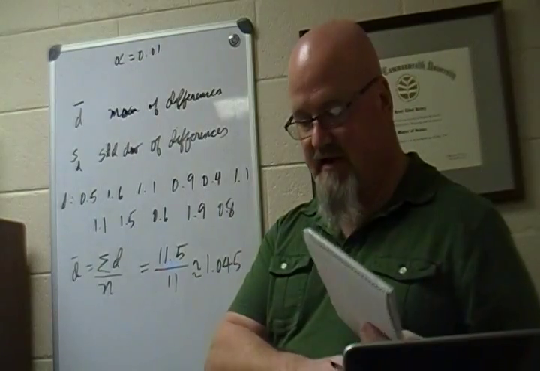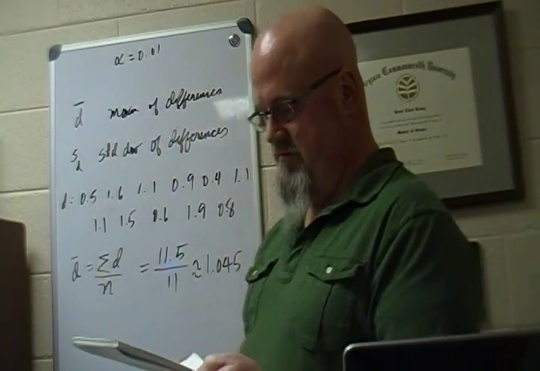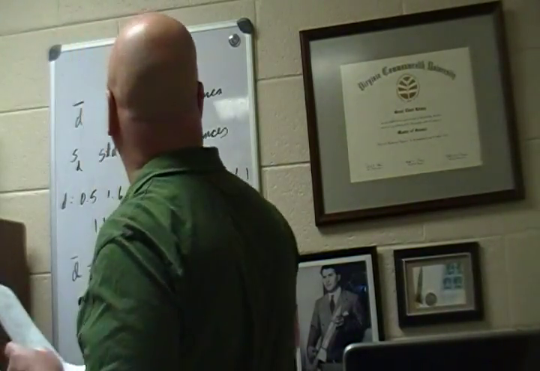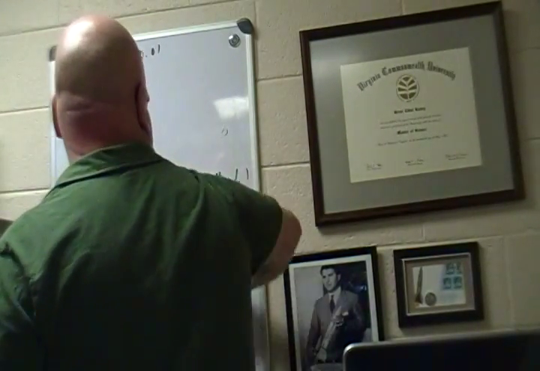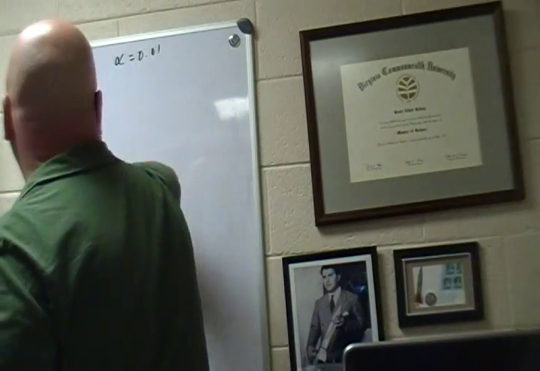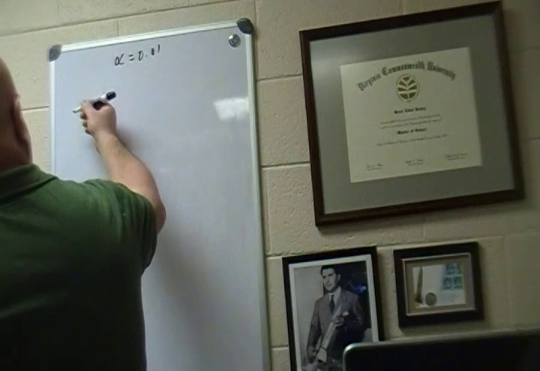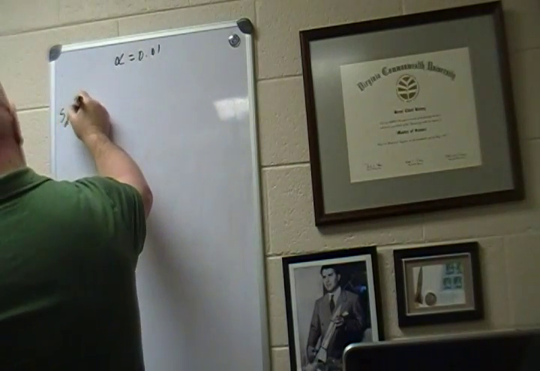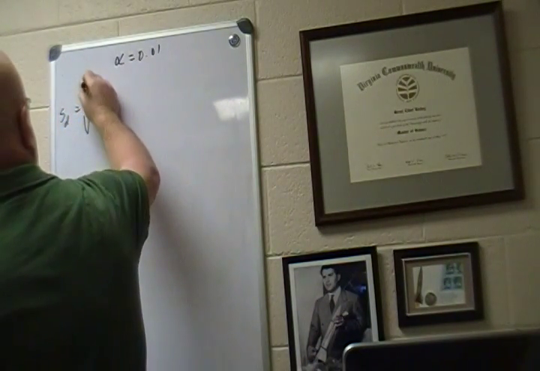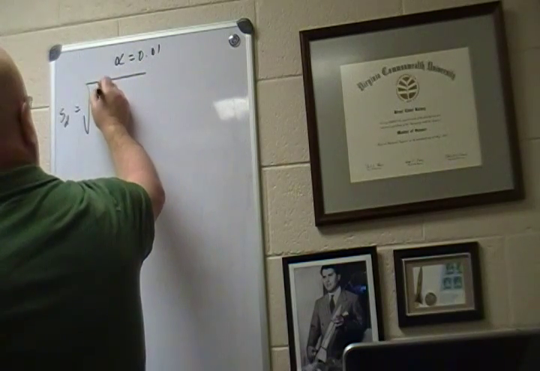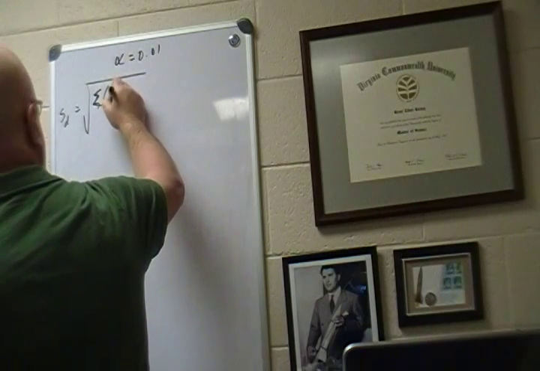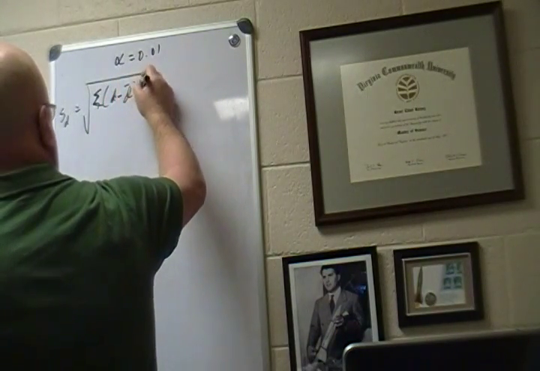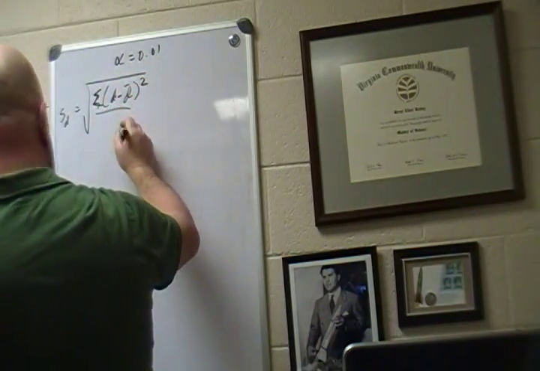Now we need the standard deviation of our differences. There are 2 formulas we could use for this. We could say S sub D is the square root of the sum of these differences, D minus D bar, squared, all divided by N minus 1.